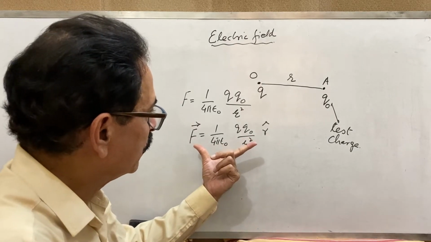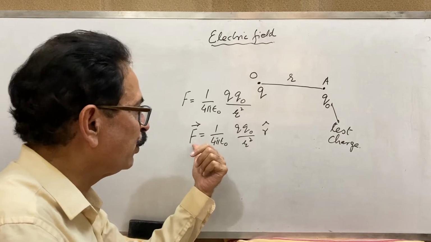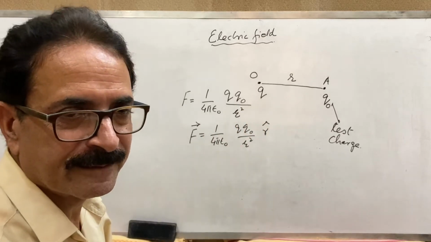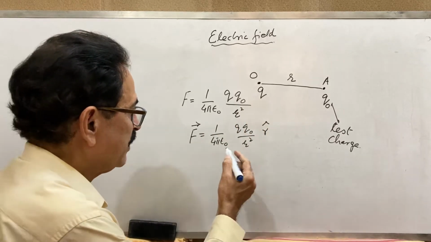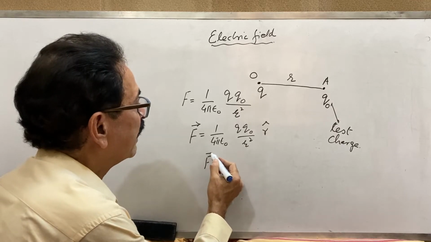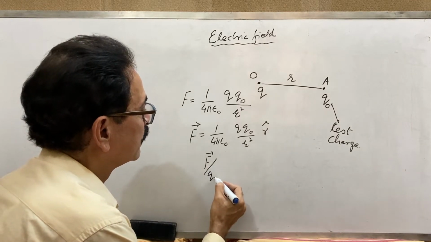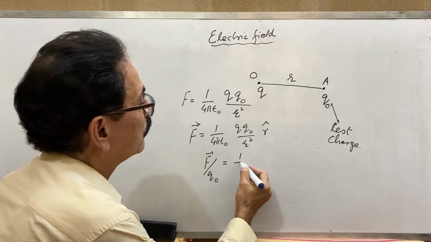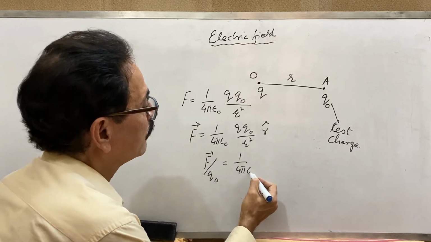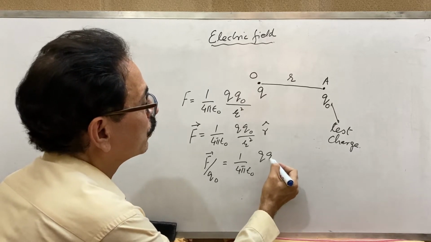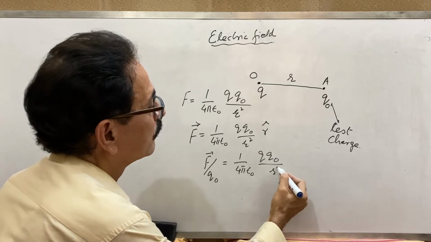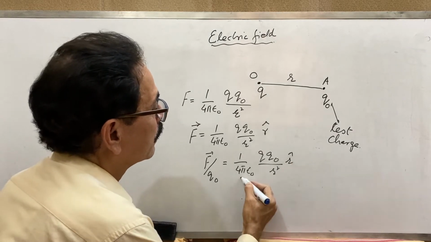If we divide this force by the test charge on both sides, that means we write F divided by Q naught is equal to 1 upon 4 pi epsilon naught Q Q naught upon R square R cap divided by Q naught.